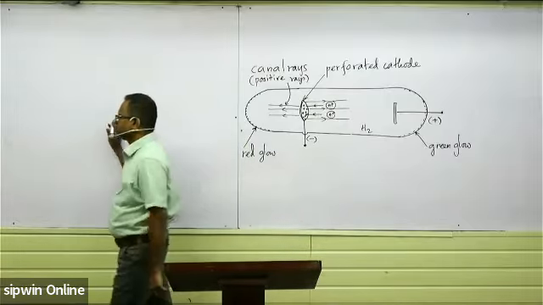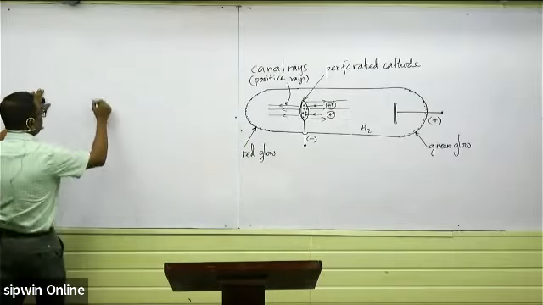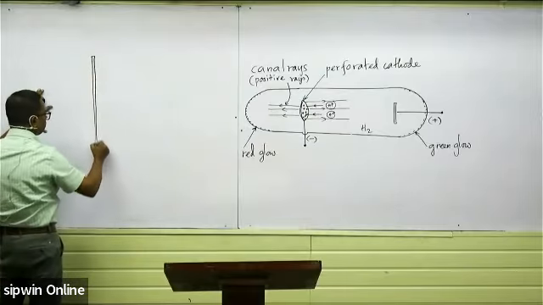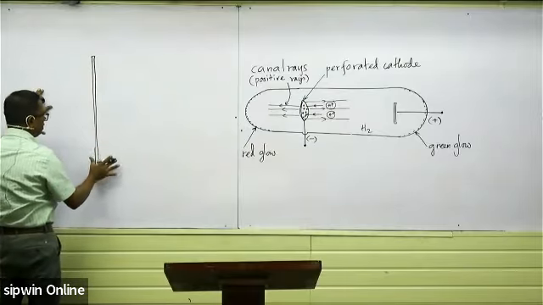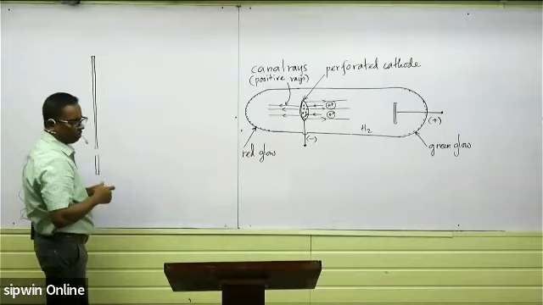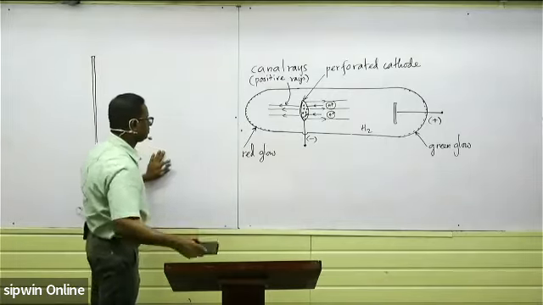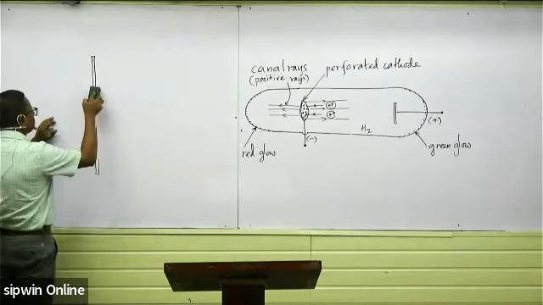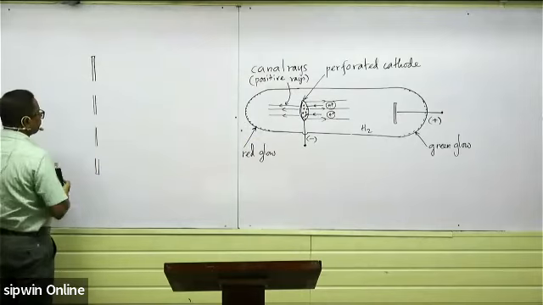Now, if I draw the perforated cathode like this, imagine this is the cathode with holes in it.